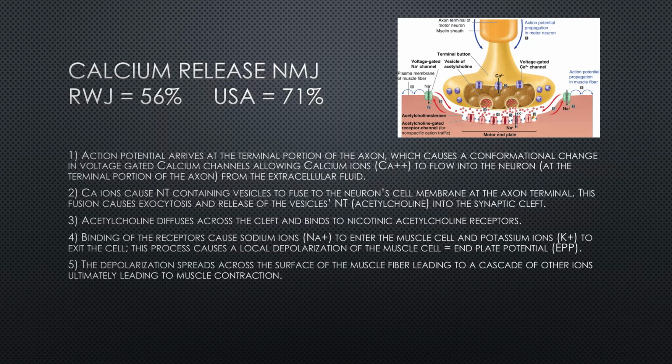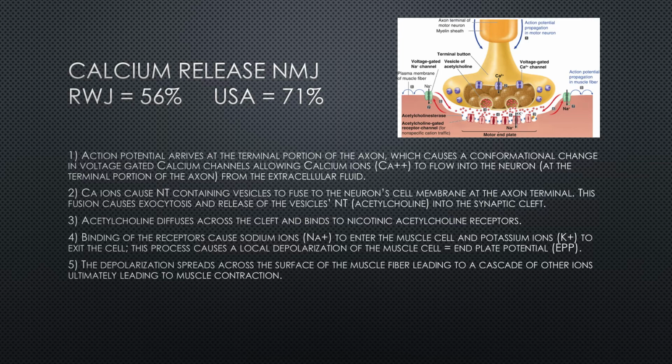Our next keyword is calcium release at the neuromuscular junction. This keyword describes how action potentials are transmitted down the neuron and turn into muscle movement. When the action potential comes down the neuron and arrives at the terminal portion of the axon, calcium channels allow calcium ions to come into the neuron, which causes neurotransmitter-containing vesicles to release their contents into the neuromuscular junction.